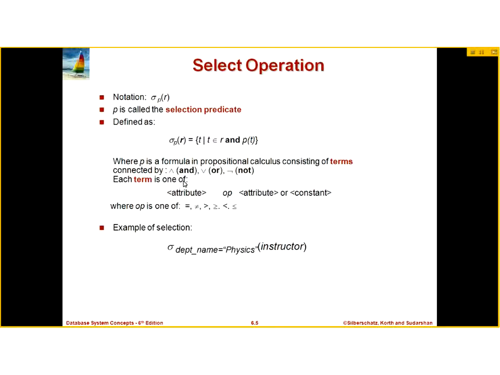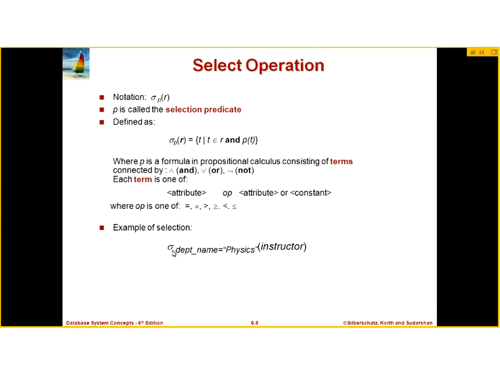Each term is one of: attribute, op, attribute, or constant, where op is any operator which is equal to, not equal to, greater than, greater than or equal to, less than, or less than or equal to.